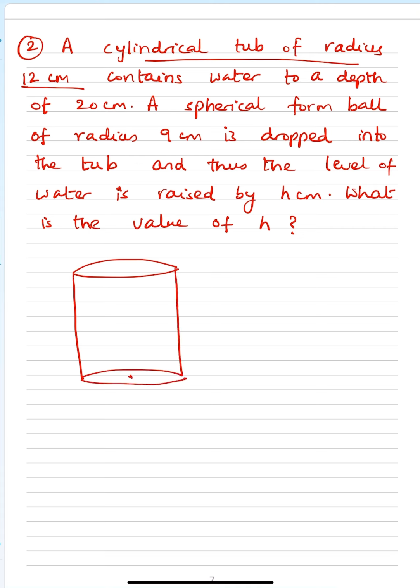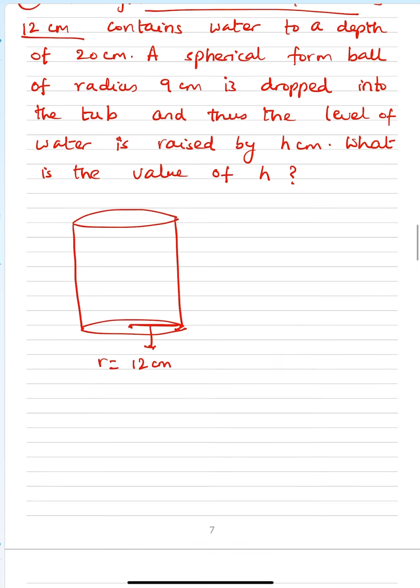Its radius, that is this much part, that is r, which is equal to 12 centimeters, contains water to a depth of 20 centimeters. So this is the water and its height is nothing but 20 centimeters.